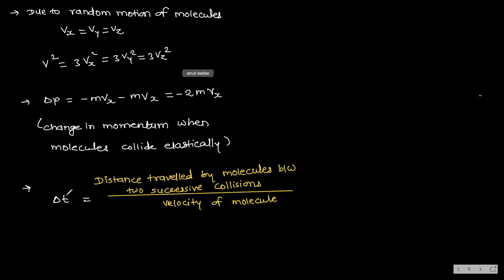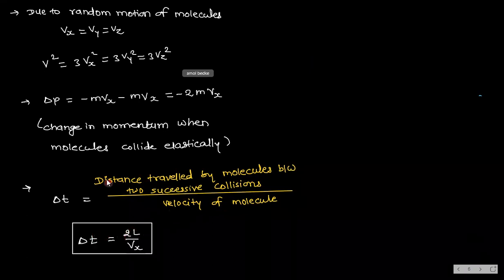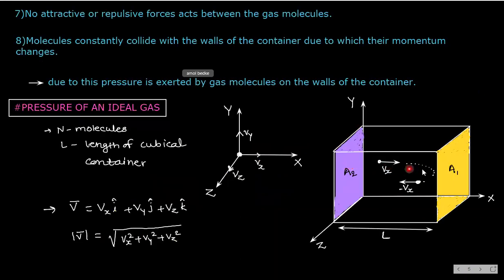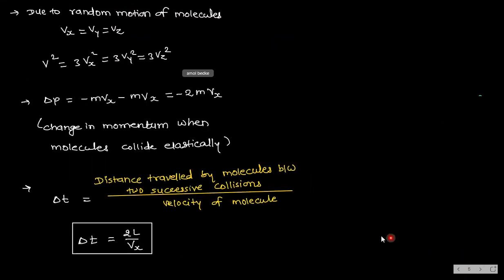Now let's find out time. Time is the distance traveled by the molecule between two successive collisions divided by the velocity of the molecule. So how much is the distance? While going, it is L, as you can see in the diagram. And again, while coming back, L. L plus L, 2L. That's why here 2L, and velocity is Vx.